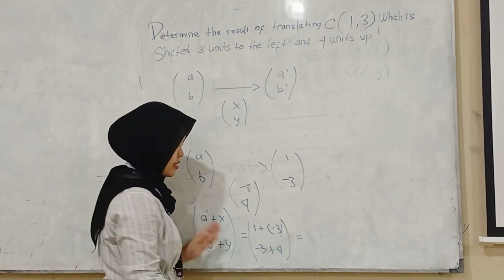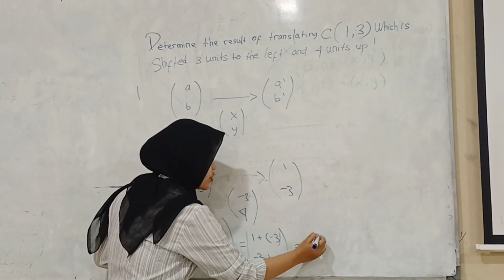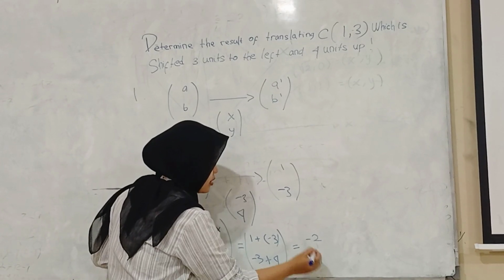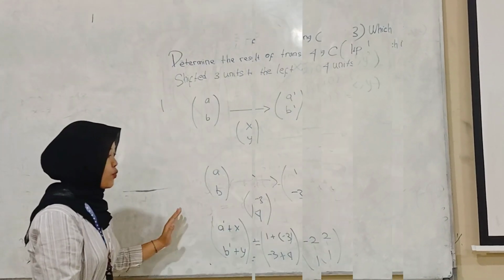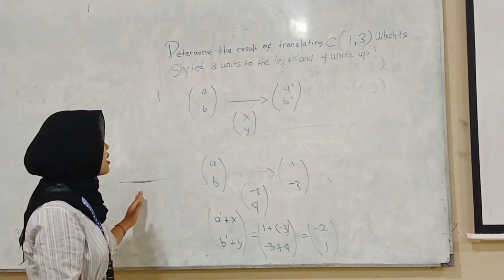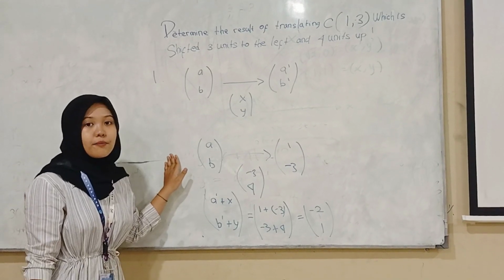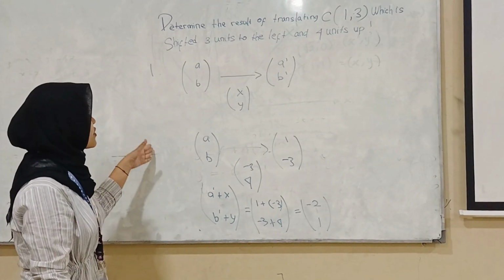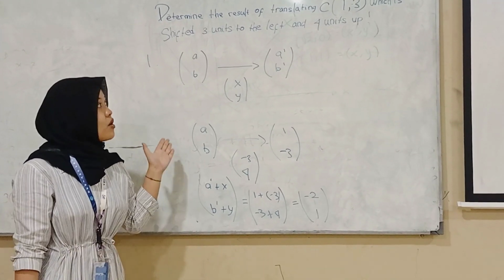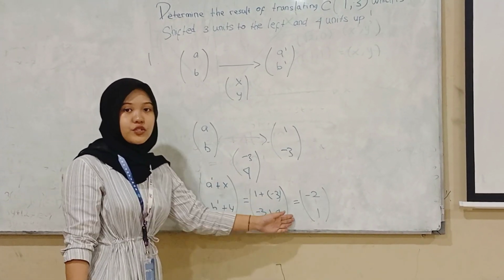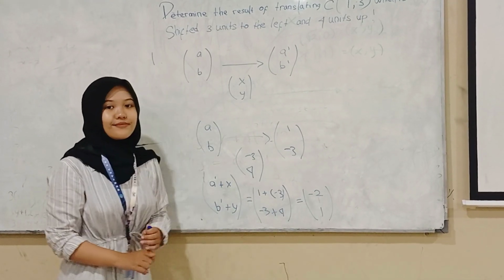And the result is minus 2 and 1. So the conclusion is that the result of translating C (1, -3), shifted 3 units to the left and 4 units up, is (-2, 1).